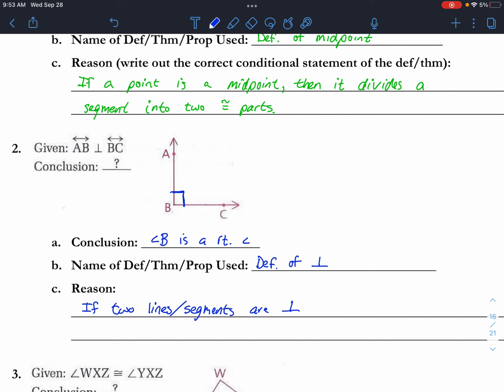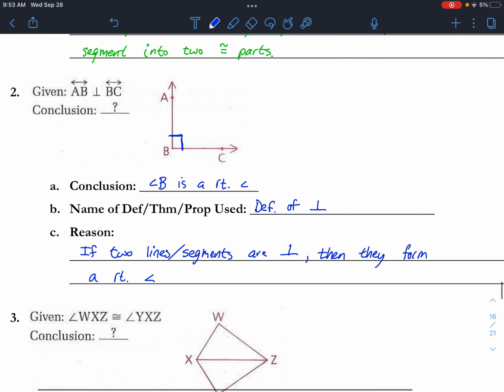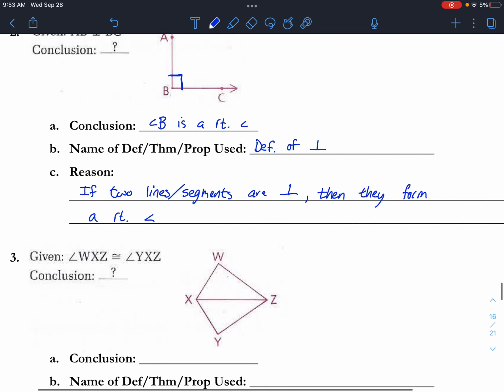If two line segments are perpendicular, then they form a right angle. Pretty straightforward. So again, seems kind of silly that we have to mention this, but we're setting ourselves up for future proofs in which we have to prove ourselves correct.